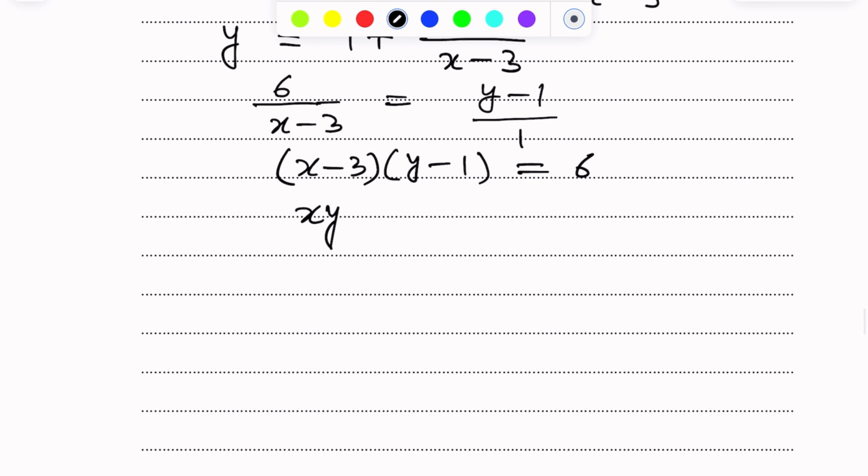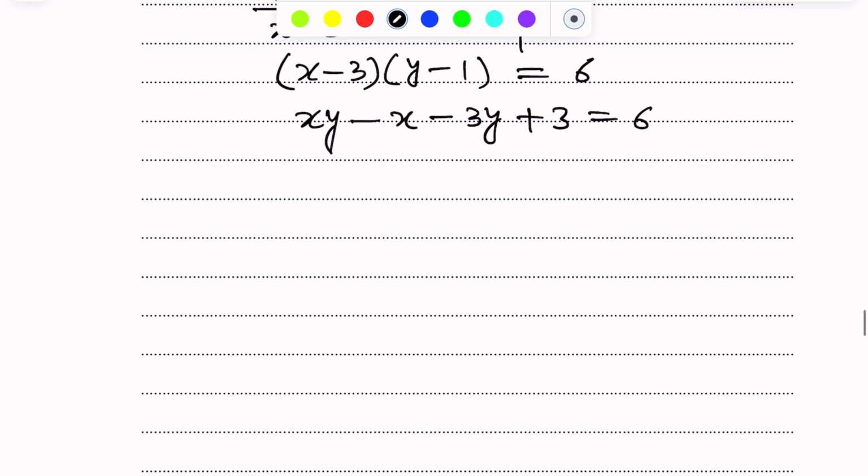By multiplying, we get xy minus x minus 3y plus 3 is equal to 6. Further simplifying, xy minus x is equal to 6 minus 3 plus 3y.